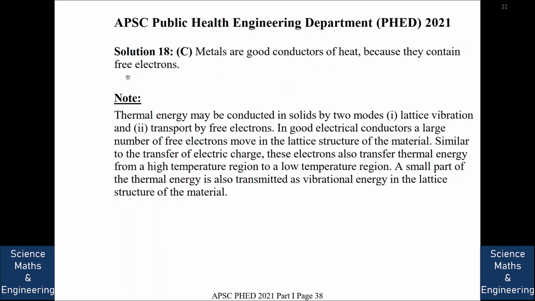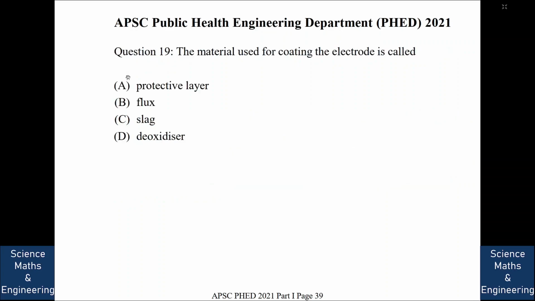However, in metals, the transfer of heat through the electrons is much greater than the transfer of heat through the vibration or through the collision of these atoms. So option C is the correct answer, that is free electrons. So we'll go to the next question.